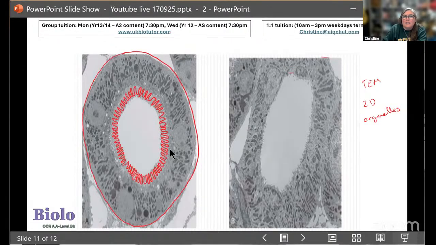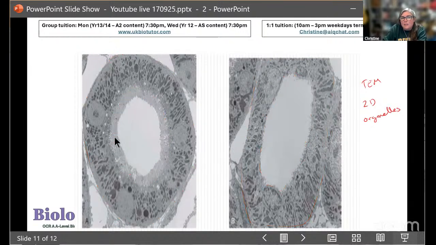So if you're looking at the detail, we can see drawing around the outside of the proximal convoluted tubule. And then we have this inner circle, which is not present on this one. So this is the proximal convoluted tubule, and this is the distal convoluted tubule.